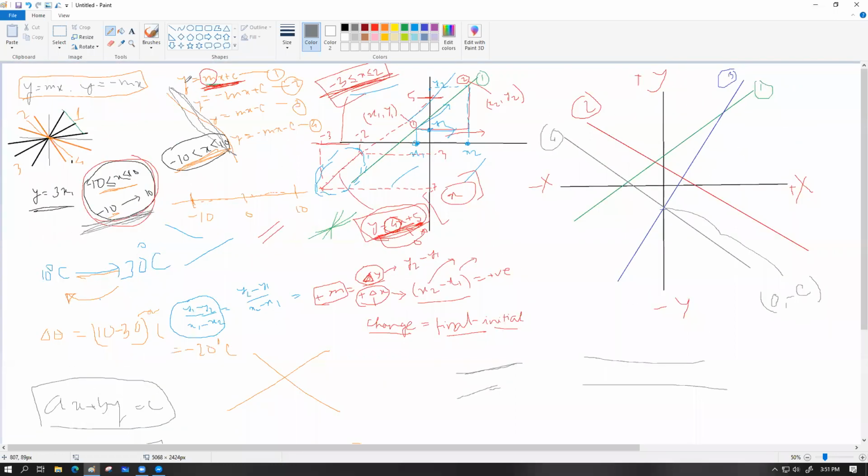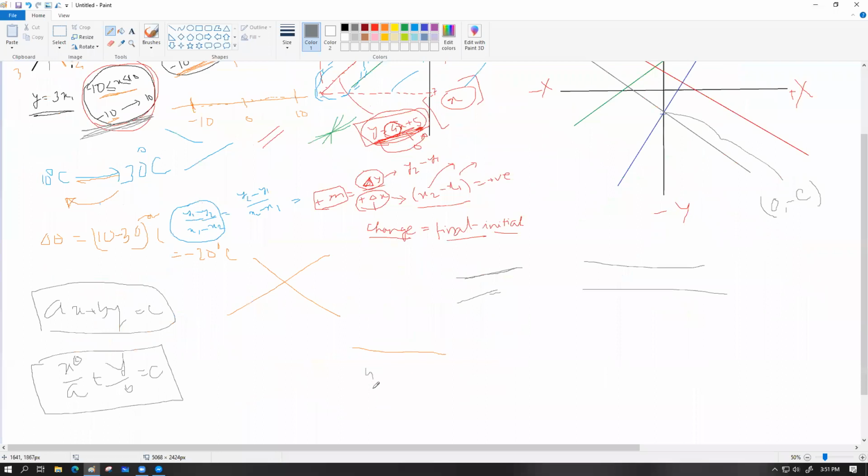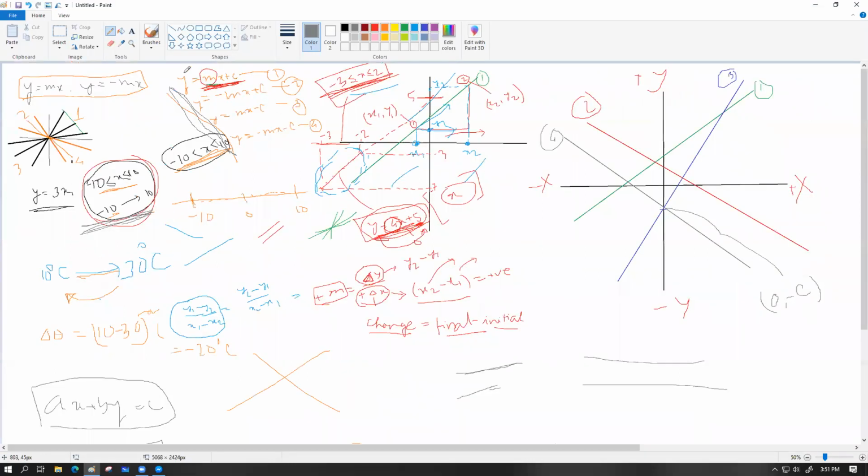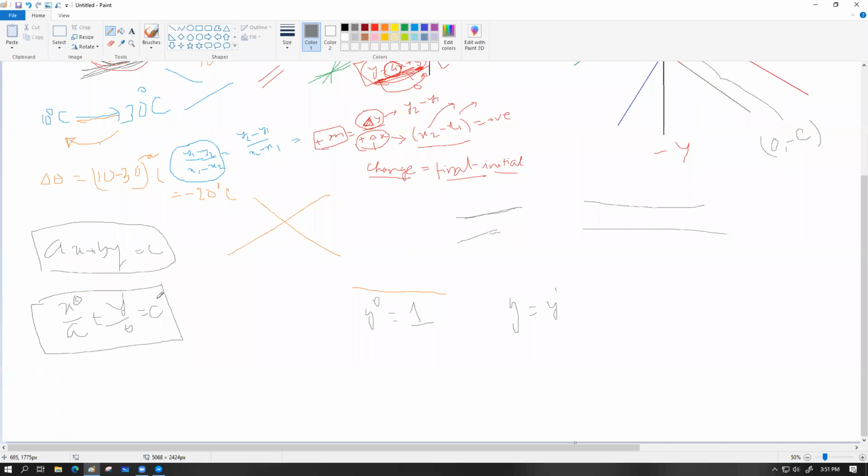Look, here also, what is the power of y? Nothing is written, which means what is the power? If y were to the power 0 it would become 1. If y is only written as y, it means y to the power 1. So the power of y here is 1, the power of x here is also 1, which means this is a straight line equation. Similarly over here.